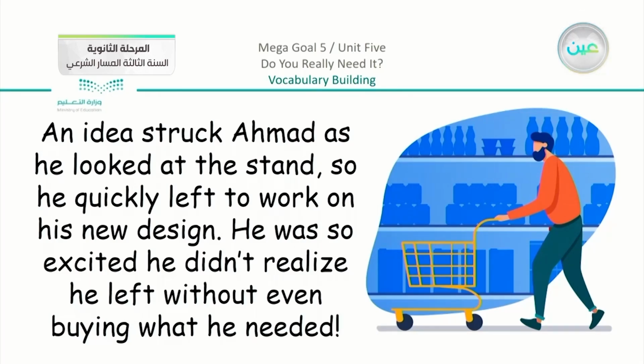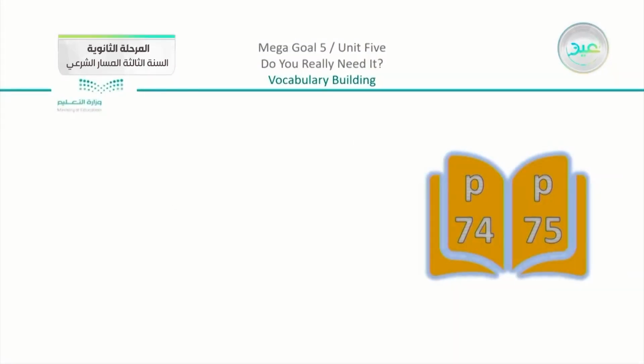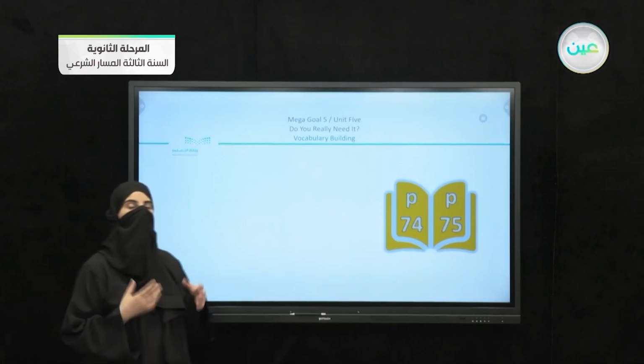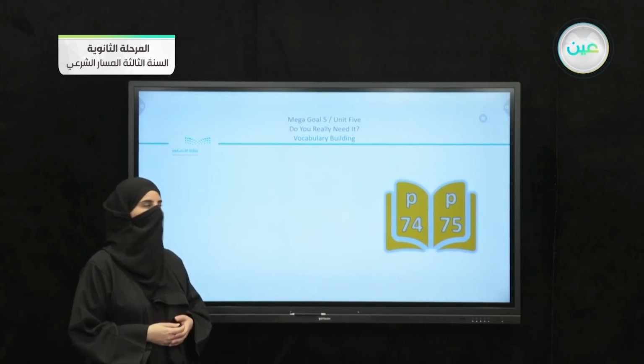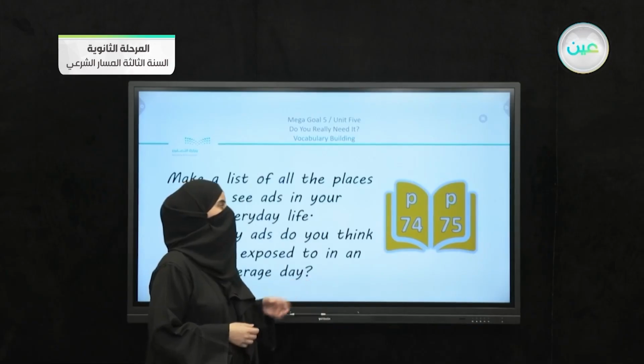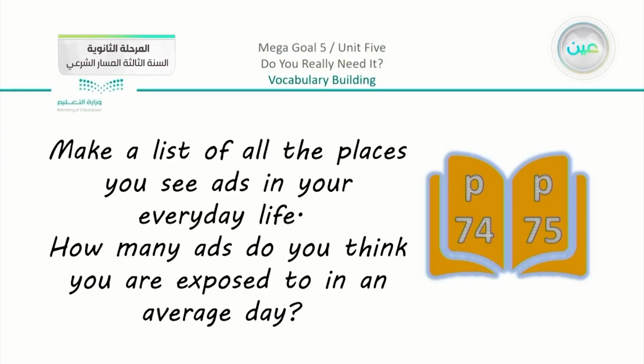So you can see from the whole example here that I have a complete story. In the complete story here, I use the 6 words that we have learned within our vocabulary building. Now, I want you to prepare for page number 74 and 75, which is our reading lesson. You are going to see the same words that we have here in the vocabulary building within your passage. And we do have here an assignment for you.